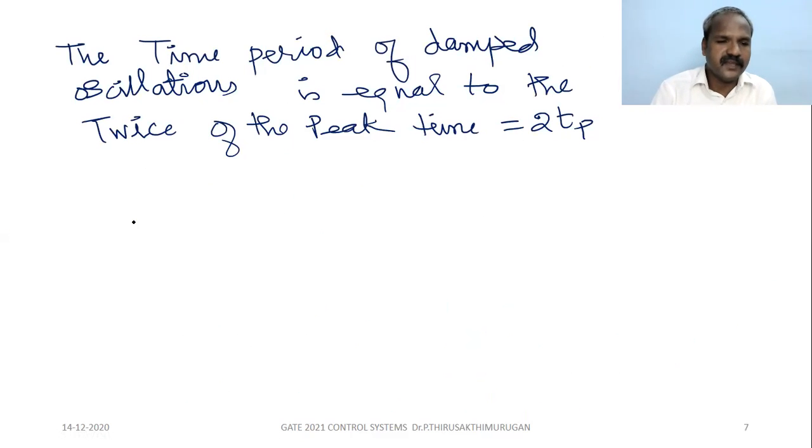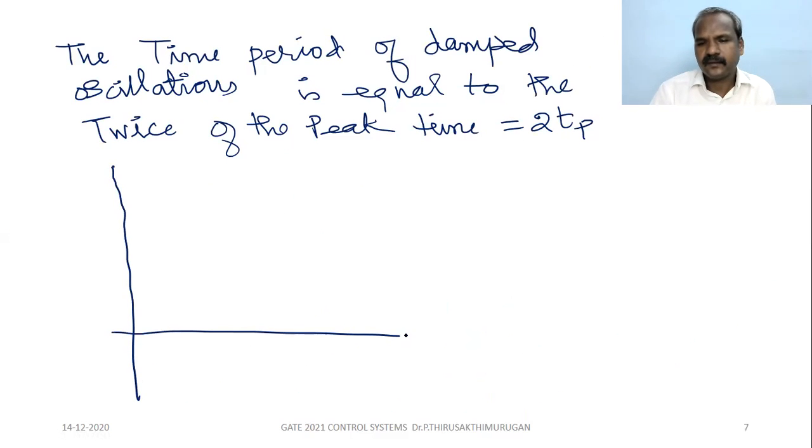Okay, so you see the first peak overshoot, second overshoot, etc. This is the steady state value.